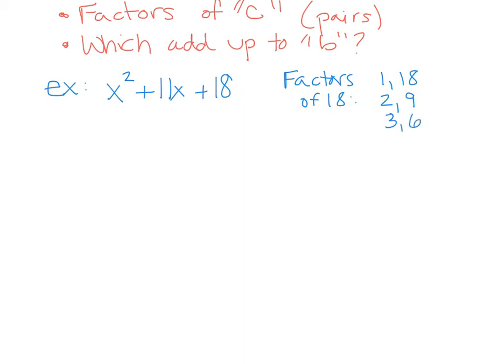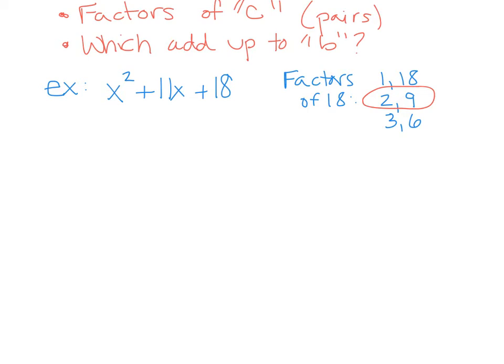That's it. You don't have to list them the other way, like 9 times 2, 6 times 3. Do any of those pairs add up to 11? Yeah. 2 times 9 gives us 18, and 2 plus 9 gives us 11.